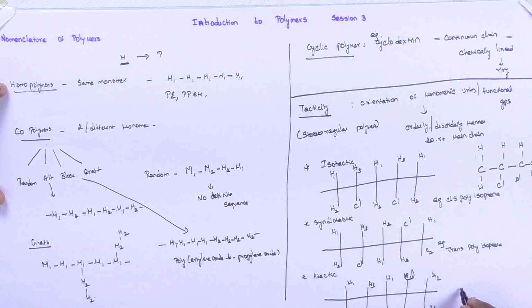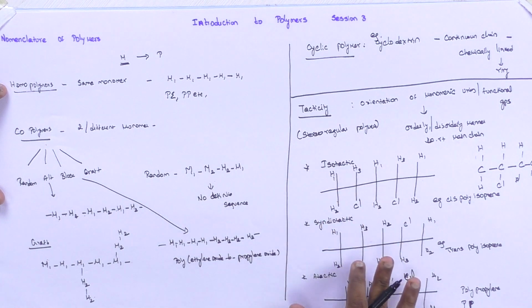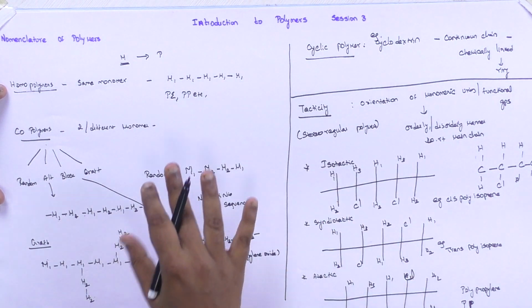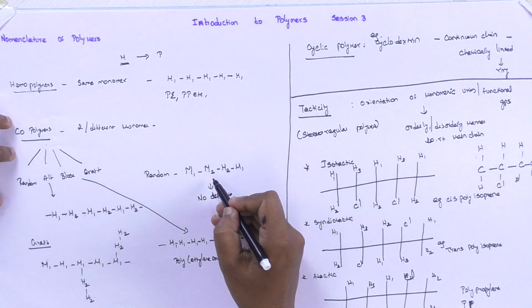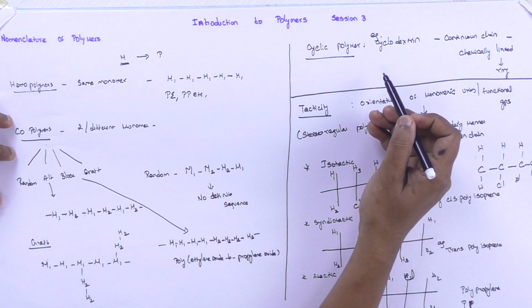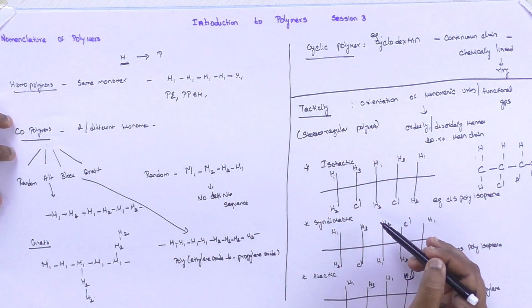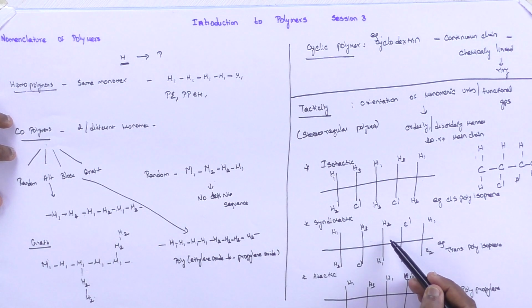PP, I am indicating as PP or polypropylene, is an example of an atactic polymer. So, this is about the tacticity of the polymer. So far, we have seen what a homopolymer is, what a copolymer is and what a cyclic polymer is. Also, the tacticity: isotactic, syndiotactic and atactic polymers.